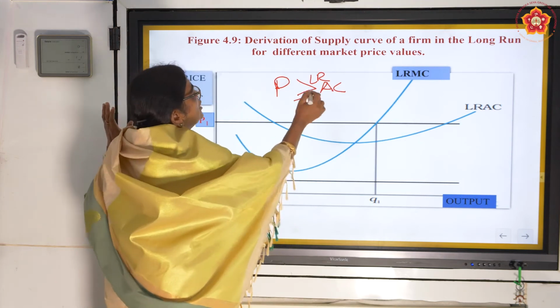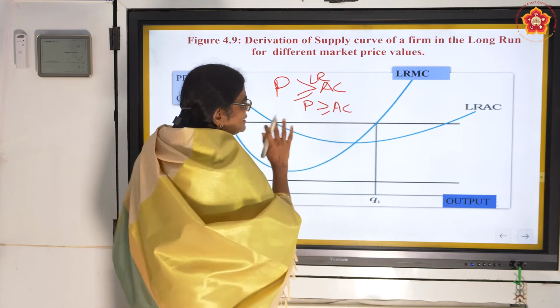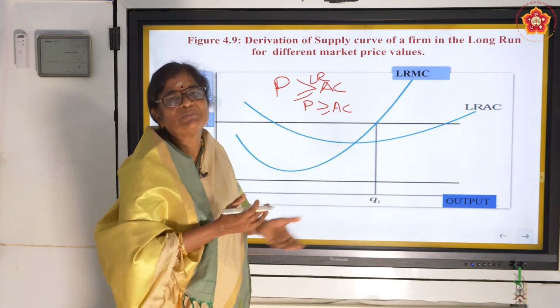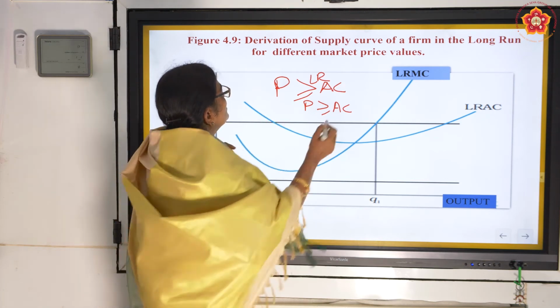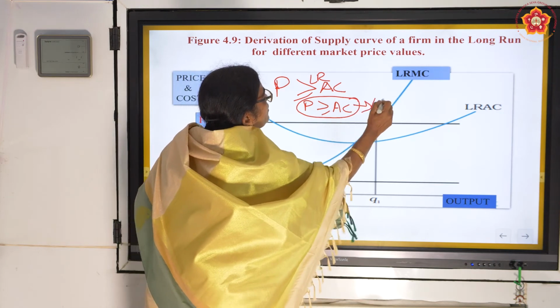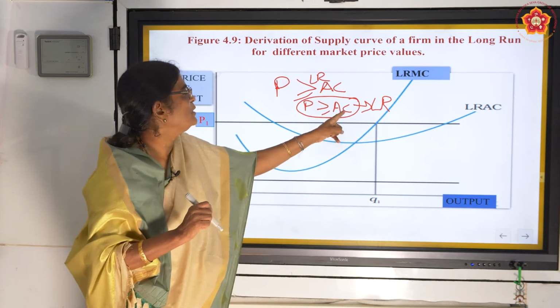Therefore, price must be greater than AC in the long run. We just say AC, meaning long run AC only, because there is no difference between long run and short run. Therefore, this is the condition for the profit maximizing level of output in the long run under a perfectly competitive market. P must be greater than AC.